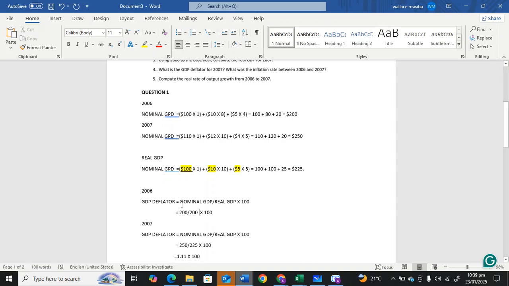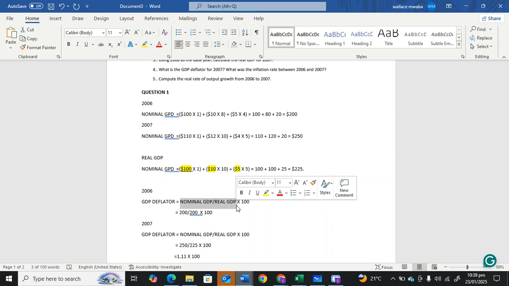The base year's nominal and real GDP will be the same number because remember, nominal GDP uses the current year's prices. Just hold on, colleagues.